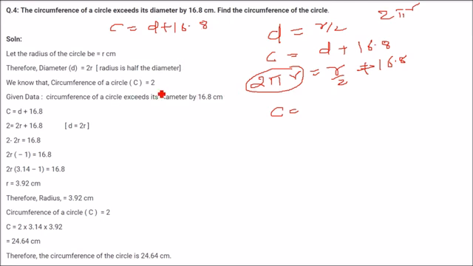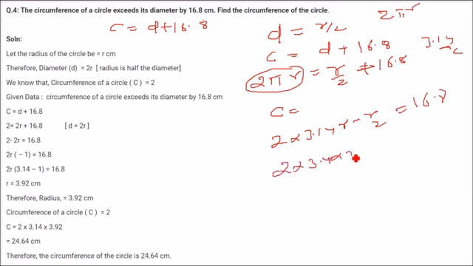But what we have to do here is that ultimately the radius has to be computed. So circumference, this is 2 into 3.14 into r, and this is 0.5 r. So let us take it as r by 2 equal to 16.8. So 2 into 3.14 into r minus 0.5 r is equal to 16.8.